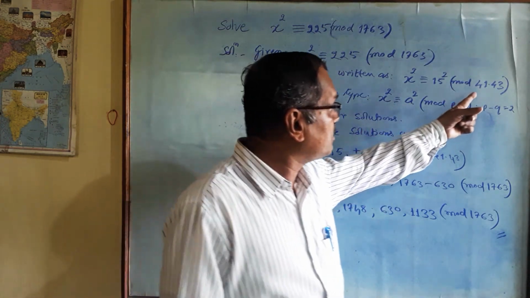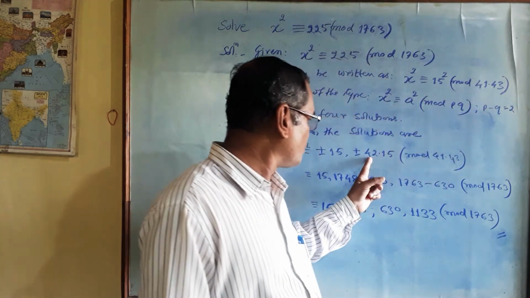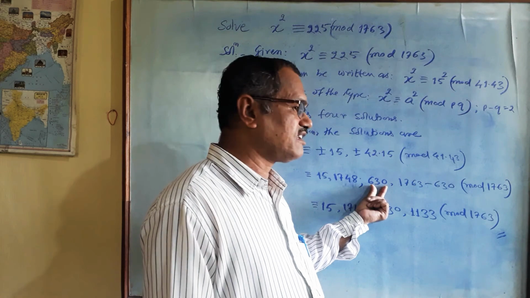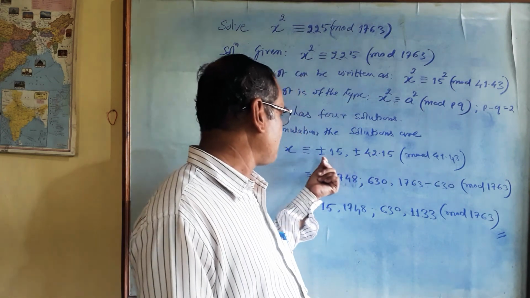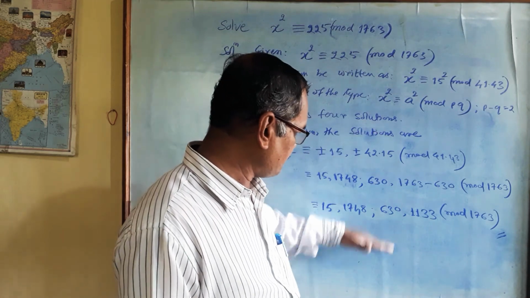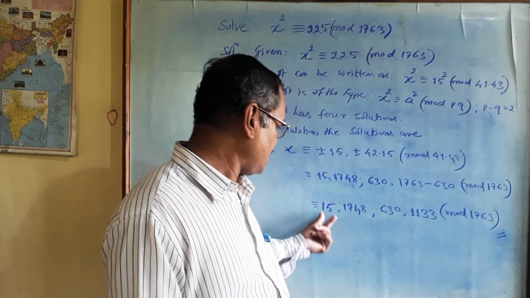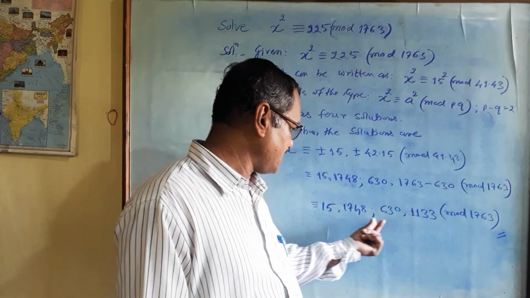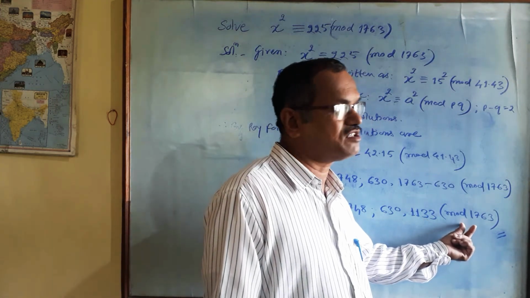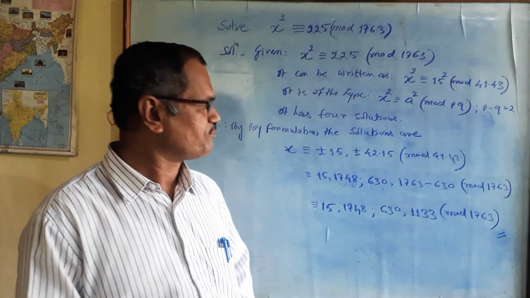That between 41 and 43 is 42, and 42 into 15, their product, is 630. That is plus minus 630 and plus minus 15. These are the 4 solutions of this congruence. Simplifying, they are 15, 1748, 630 and 1133, the 4 solutions of this quadratic congruence.